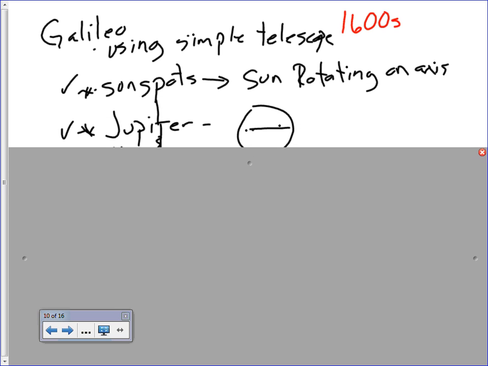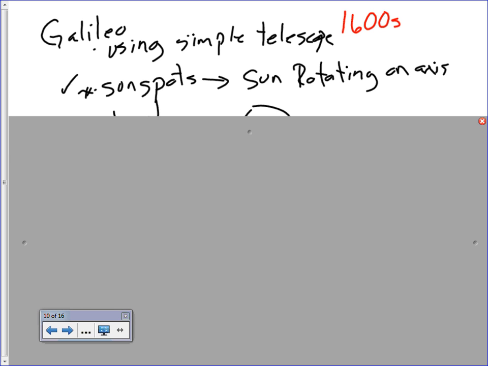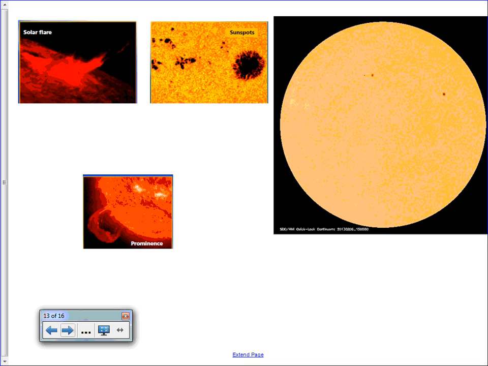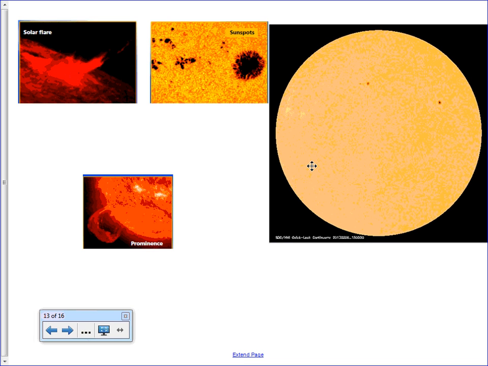And he saw a couple things that told him that things were not as everybody believed. One is he could actually see sunspots. And if you look at pictures like this here, this would be roughly what he saw. Again, I'm not sure if he looked at a projection of the sunlight or if he had dark filters, but you see these sunspots, and what happens over time, this is from today's image on that satellite stuff I've showed you before, and if we look at it tomorrow, they'll be in a slightly different place.